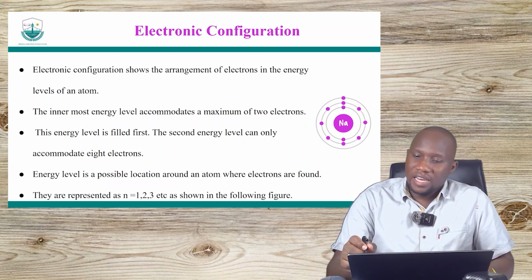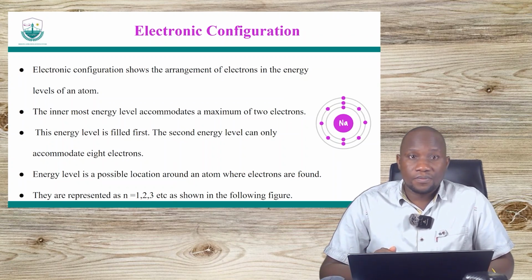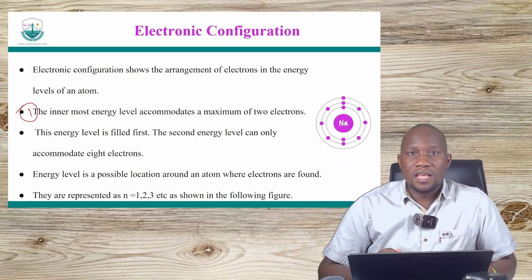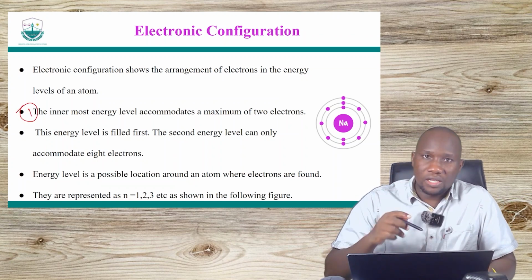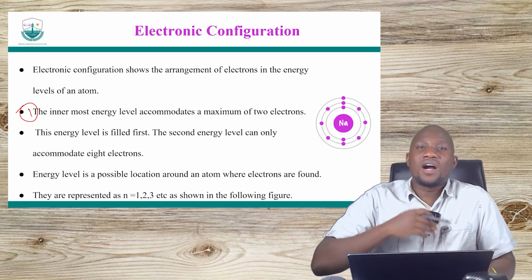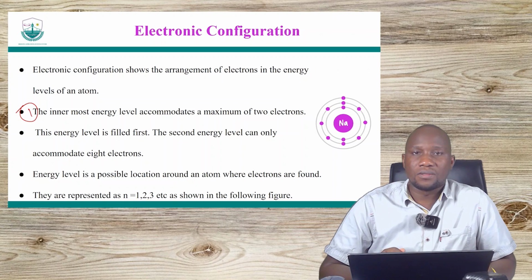But we are saying that the innermost shell should have a maximum of 2 electrons. That's rule number one. If you have more electrons, then they can come in the subsequent shells.